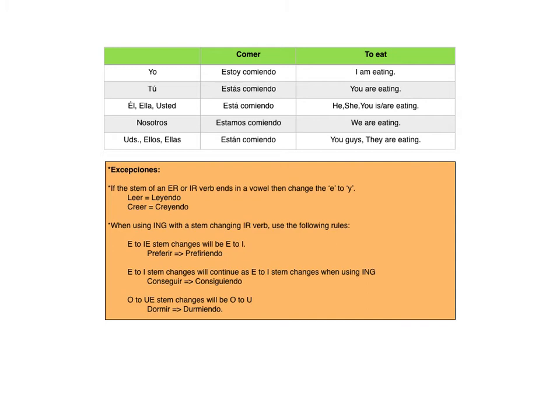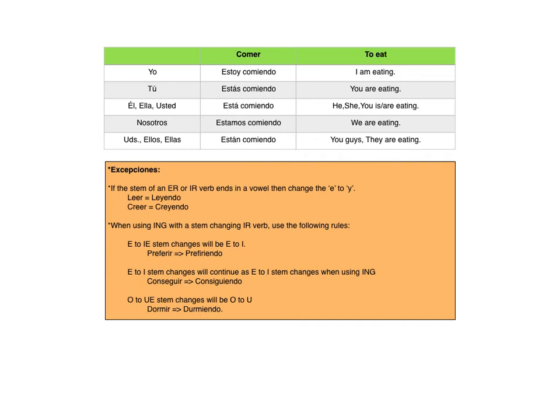Same thing with creer. We take that ER off, we're left with the verb stem, just CRE. Since that stem ends in a vowel, instead of saying iendo, we're going to change that I to a Y, and we end up with creyendo. All right. Now, when using the ing with a stem-changing IR verb, there's a small set of IR verbs that are stem changers.